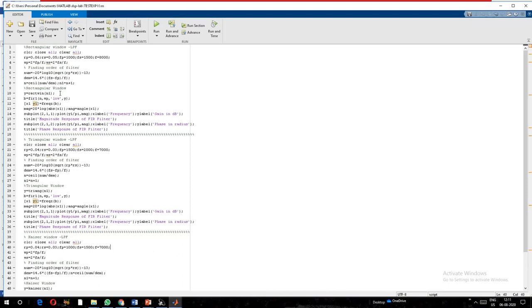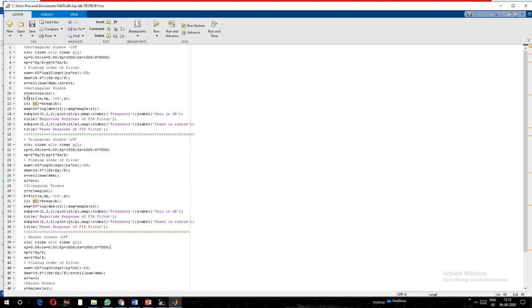For rectangular window, the MATLAB command is rectwin, R-E-C-T-W-I-N. To get rectangular window samples, y will be given as rectwin of n1 samples. This command is very important. It will be useful for generating or designing the rectangular window.